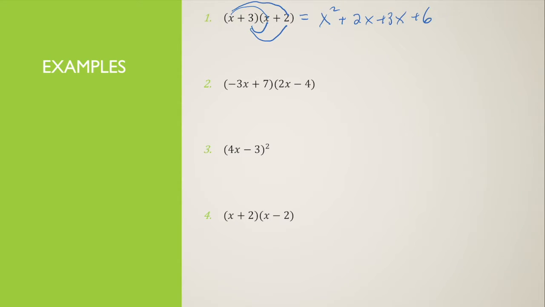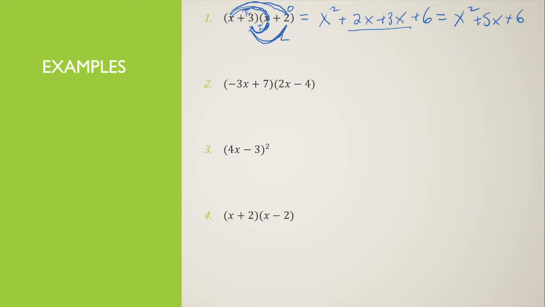That was first, which was my x times x, my outer, which was my 2 times x, my inner, which was 3 times x, and my last, which was 6. If you want to, you can label them first, outer, inner, last. That's totally cool too. Now we combine like terms. 2x plus 3x is 5x plus 6.